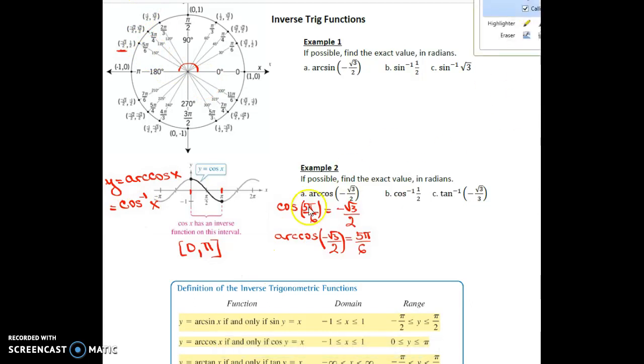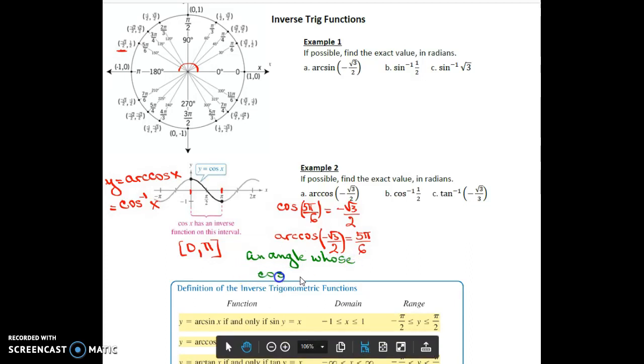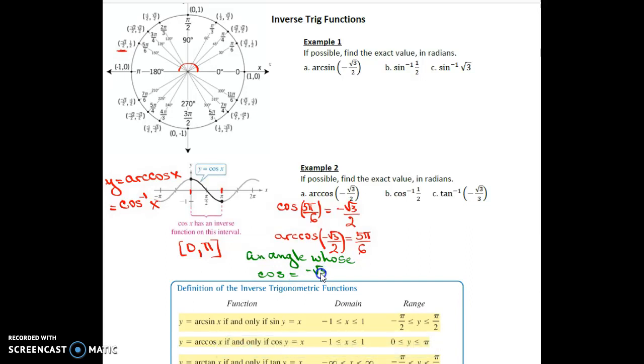Another way that we can talk about this is an angle whose cosine is equal to negative square root of 3 over 2. For the next problem, B, we have cosine inverse of 1/2.